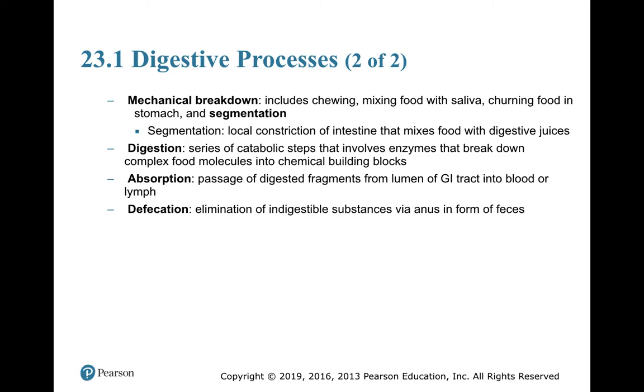Once it's broken down into those monomers, or small fragments as far as lipids go, it has to be absorbed, and that involves the movement of the material from inside the lumen of the gastrointestinal tract to the blood or to lymph. Then the elimination of the things we didn't use in digestion is in the form of feces, and that process is called defecation.